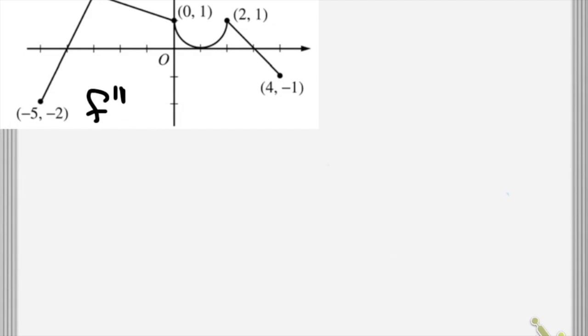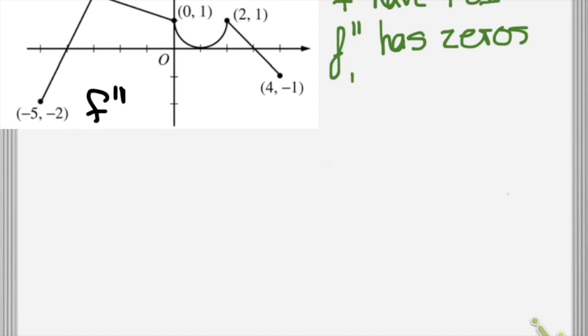Okay, so now we're looking at the same graph, but now we're told to consider this graph the second derivative. So this graph is now the second derivative of f. So how is this going to change things? Let's go back to that question that said, where does f have points of inflection? On our second derivative, if f has points of inflection, f double prime has zeros and f double prime changes sign.